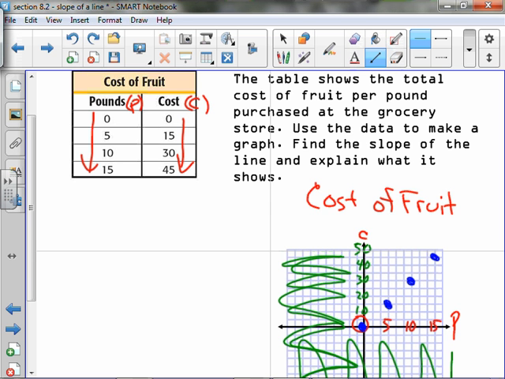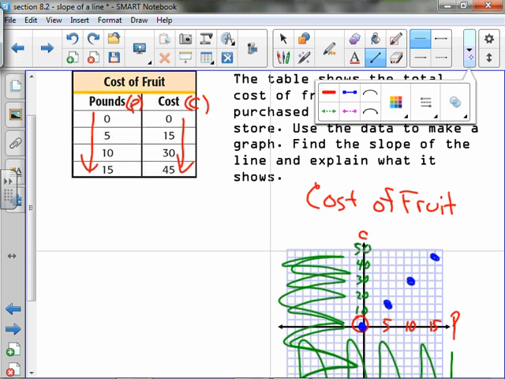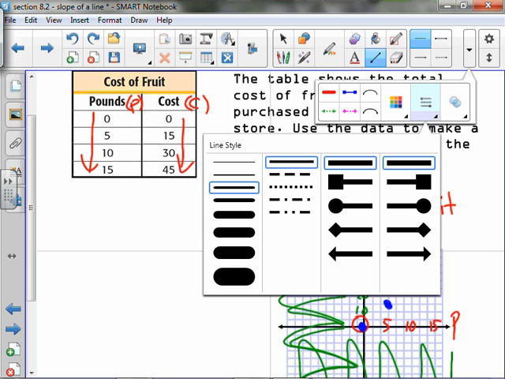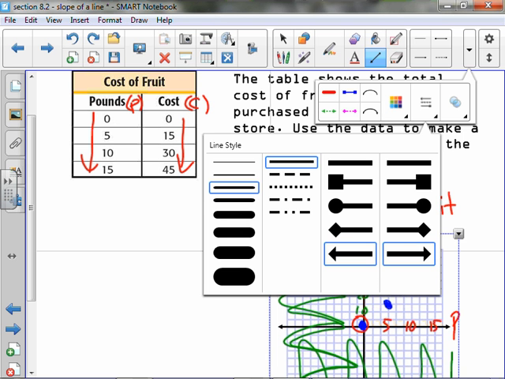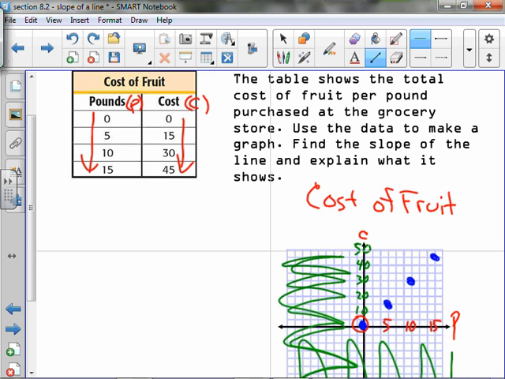Okay. Let's see what I've got. I need to make sure I have arrows on both ends. Okay. And now I'm going to make my line. Okay.